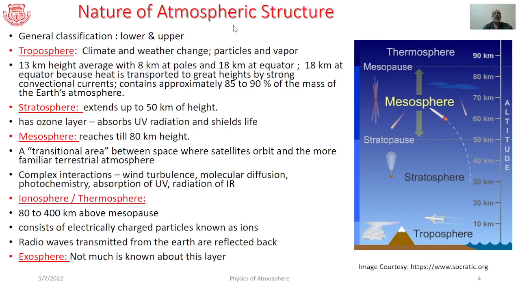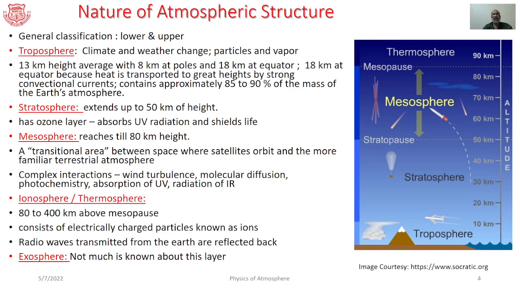Whenever we deal with the atmosphere, we deal with air. As we consider the vertical profile of this atmosphere, we can say that there is a lower atmosphere as well as upper atmosphere.